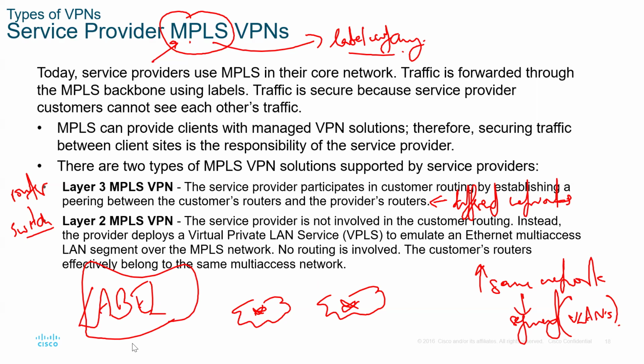I think we have to have a session to discuss MPLS and dig into label switching, and then you will understand the difference between layer 3 MPLS and layer 2 MPLS. Let's keep this one for another session probably. We just touched on MPLS at the surface.